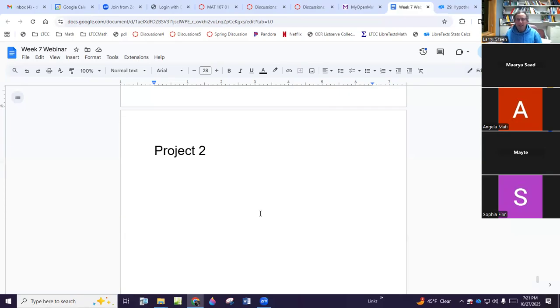And again, you are welcome to use the same groups if you have more than one person in your group, but not required. If you had two people, ask for a third person. If you hated the other person, then ask to join a different group. That's up to you, but hopefully you can get along with people and work together. That's going to be really important.